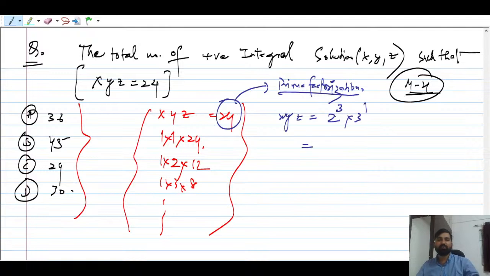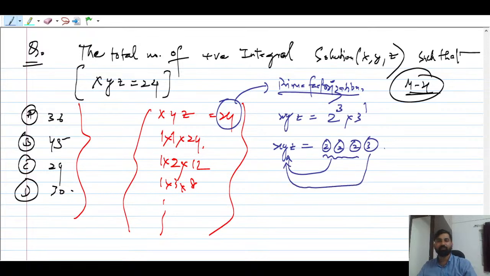So you can say that there are three 2-rupee coins, and these coins are the same, and there is 1 coin that is a 3-rupee coin. Understood? You have to distribute among x, y, z, the 3 beggars: the three 2-rupee coins to these 3 beggars, and the 1 three-rupee coin to the 3 beggars. This is the question here.